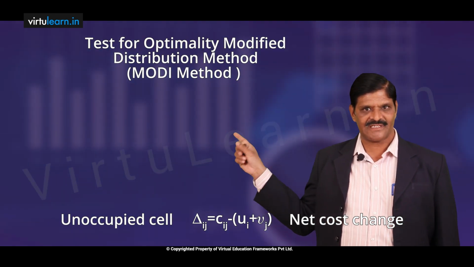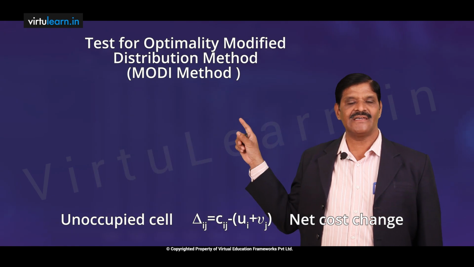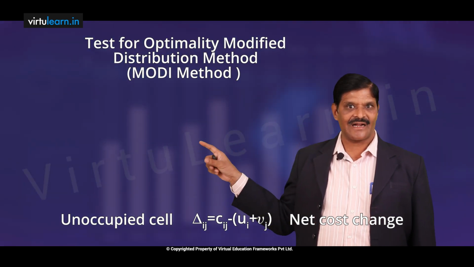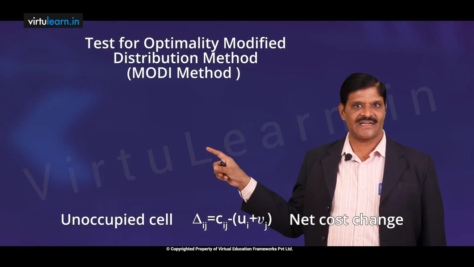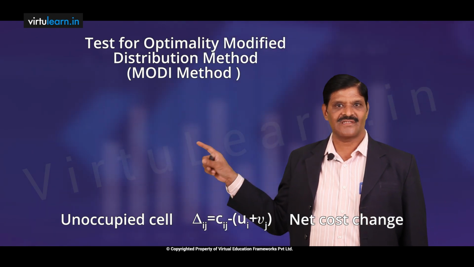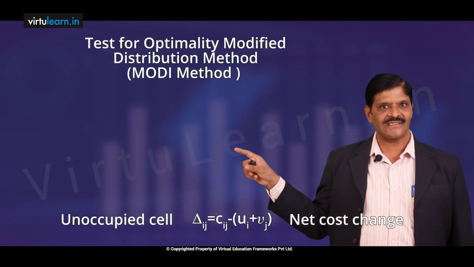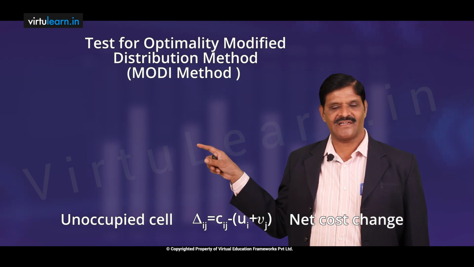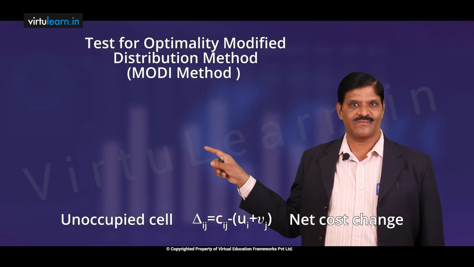Our purpose here is to see whether by allocating units to unoccupied cells, we can improve the solution. For this, delta ij value is evaluated for all unoccupied cells.